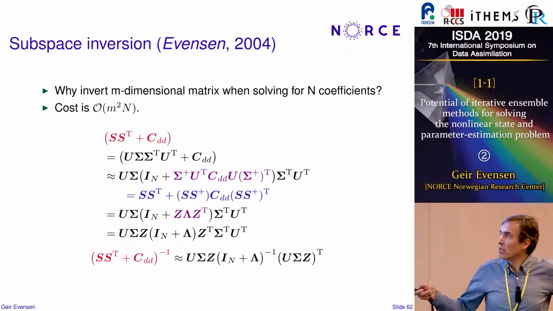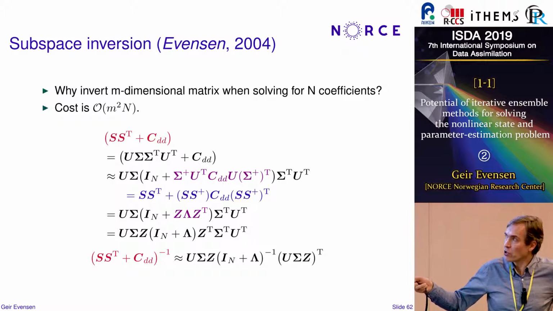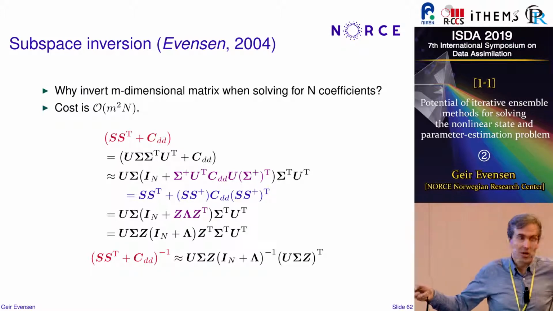So what we did was to write a singular value decomposition of this S, which is the model predictions. You write it like this, and then you put the U and sigma outside the parentheses, and it turns out that what you effectively are doing, introducing a pseudo inversion of the sigma plus here, is that you project the error covariance matrix onto the ensemble subspace.